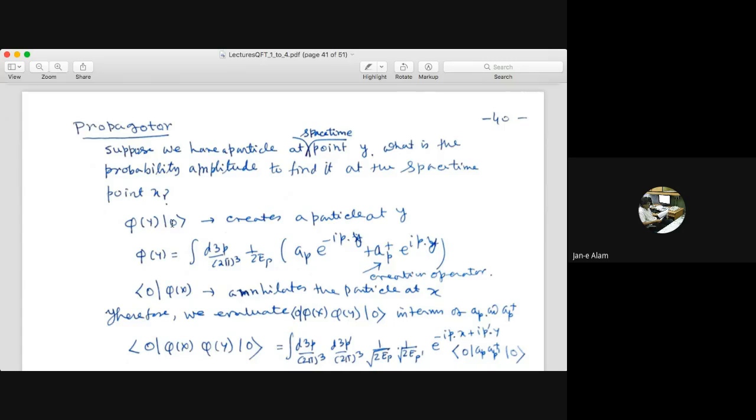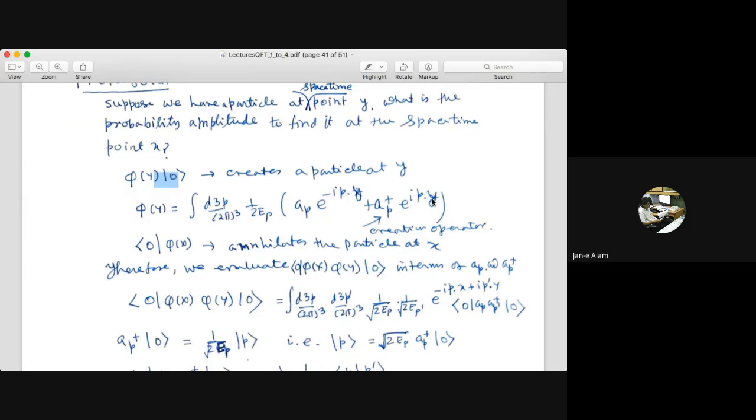If I operate this on the vacuum, a_p will operate on the vacuum and give me 0, but a_p dagger will operate on the vacuum and create a particle at the point y, right? Similarly, phi(y) on the vacuum will create a particle at y, this is the ket vector and this is the bra vector. Phi(x) on this will annihilate a particle at x.